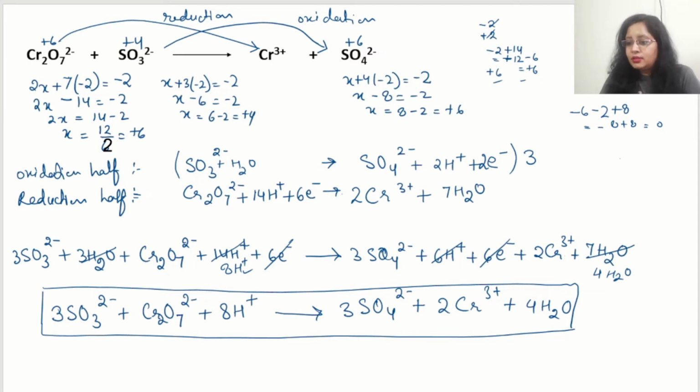It is 3 2s are 6 minus 6, then plus 3 2s are 6. Okay. So that is also cancelling. The total charge is 0. So now all the elements are balanced, all the charge is balanced. So this reaction is now a complete balanced reaction using half reaction method.